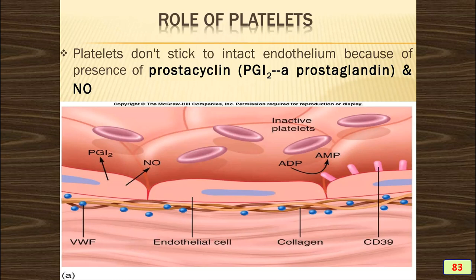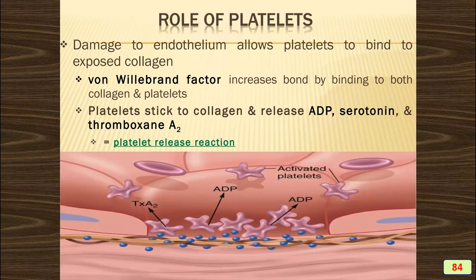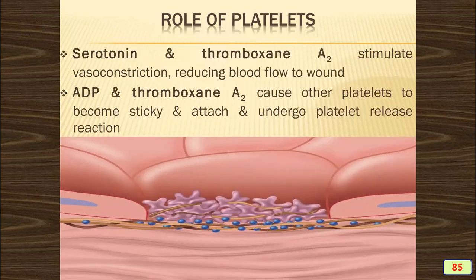Platelets always stick to the intact endothelium because of the presence of prostacyclin. Platelets are very much required by the human body, just like serotonin and thromboxane, which stimulate vasoconstriction, reducing blood flow to the wound.